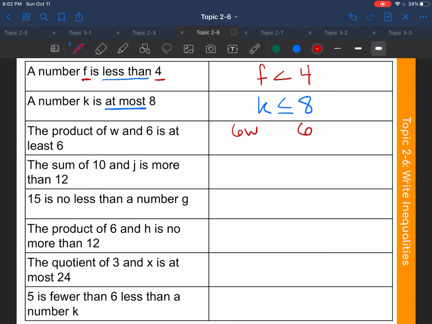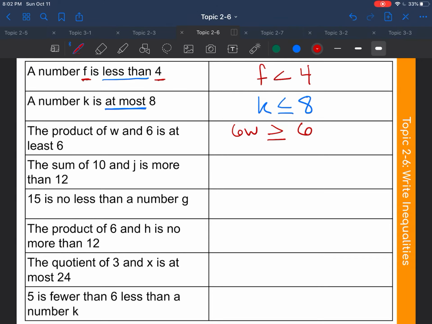Now, we just talked in the earlier problem, at most means less than or equal to. So at least means the opposite, which is greater than or equal to. So 6W is greater than or equal to 6, is at least 6, because it can be more than 6. It can be 6, but it cannot be less than 6.